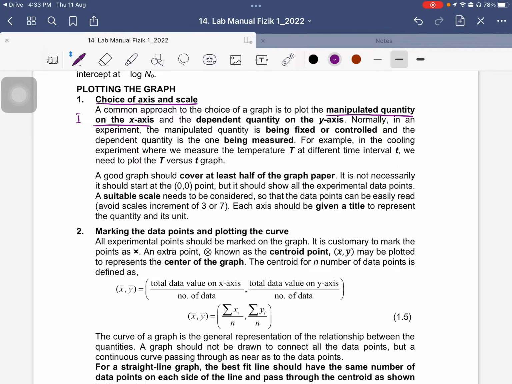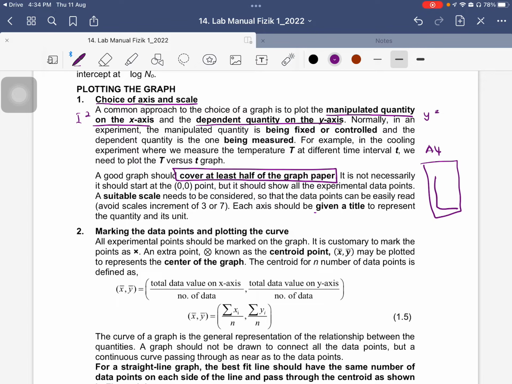We have chosen I square, and the dependent quantity as your y-axis. We already chose it as y square. You need to make it cover at least half of the graph paper. Your graph paper is A4 size. It must be bigger than half of the paper, not less, because if you have a too small graph, it is harder to read.